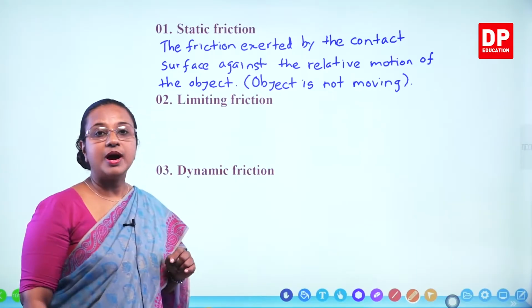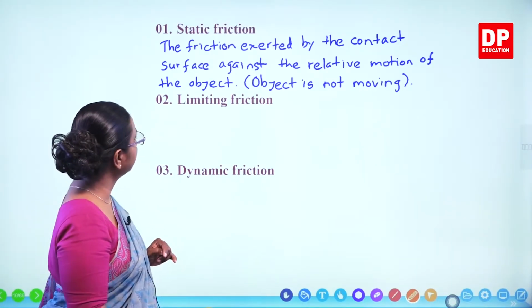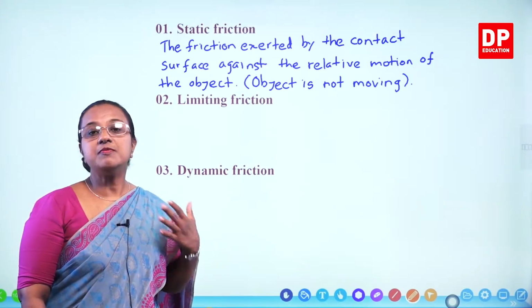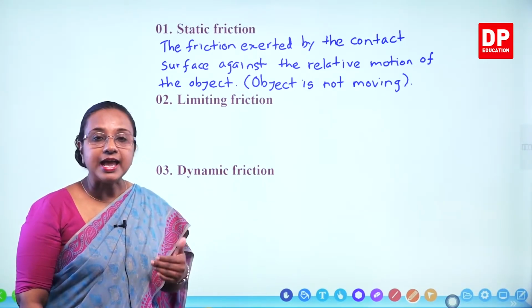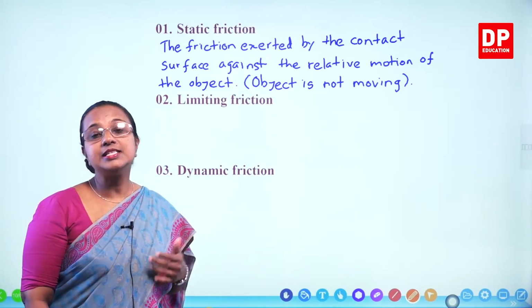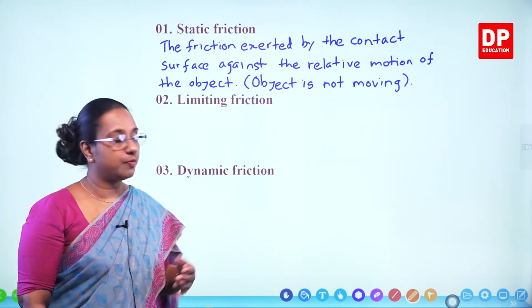Then we saw what limiting friction is. Limiting friction is the maximum frictional force that can be exerted by a contact surface against the movement of an object.